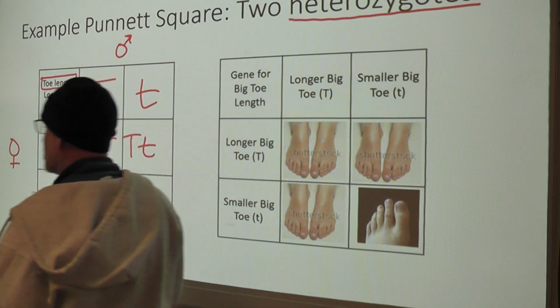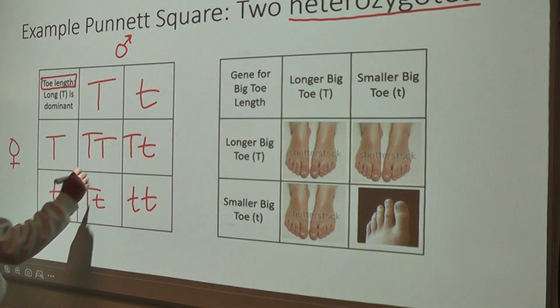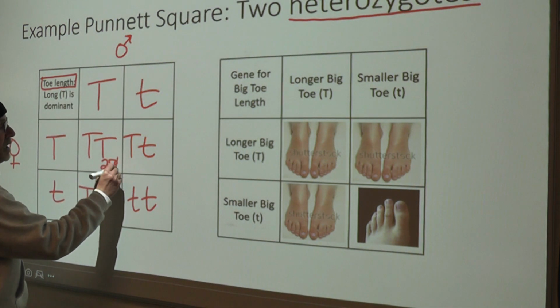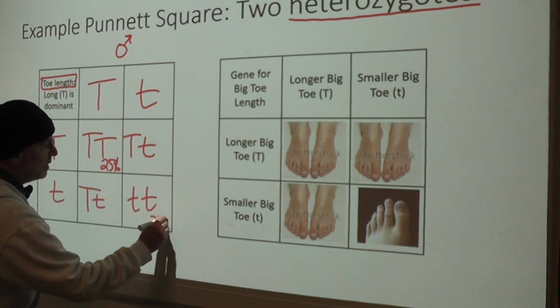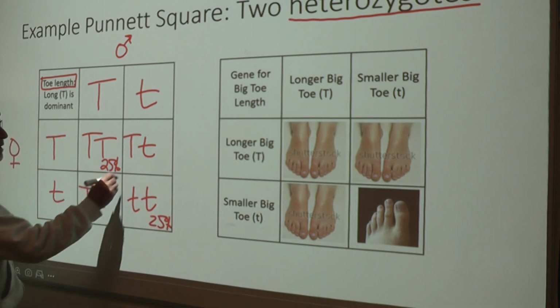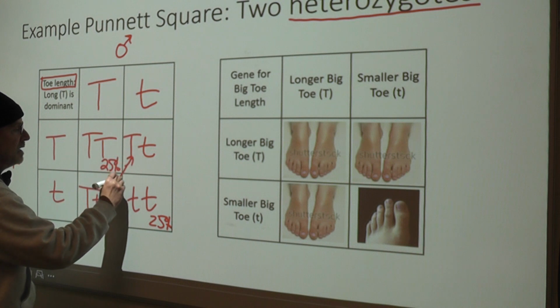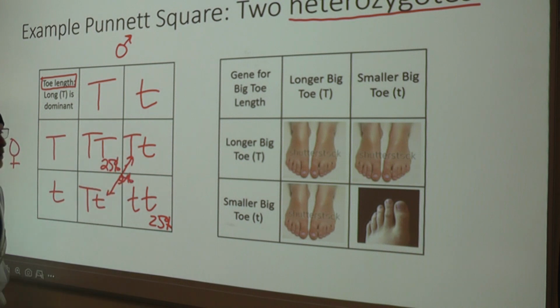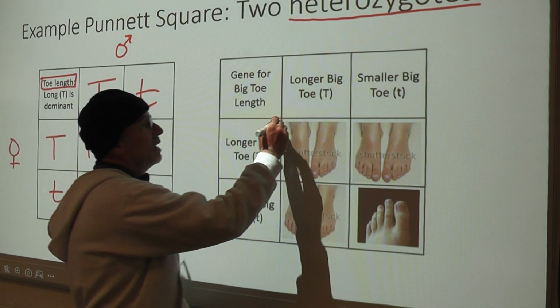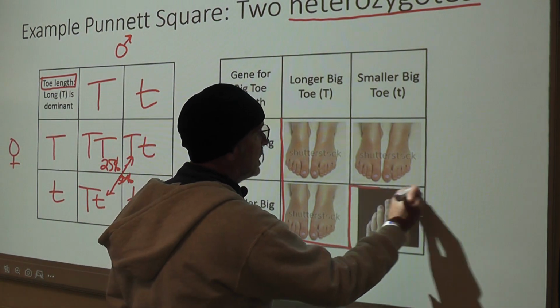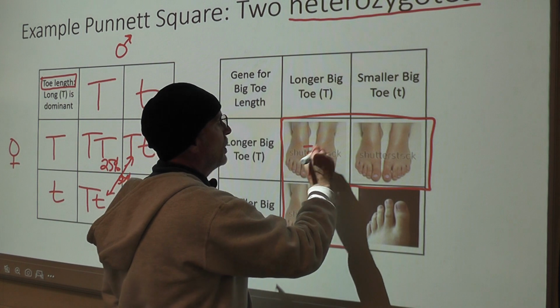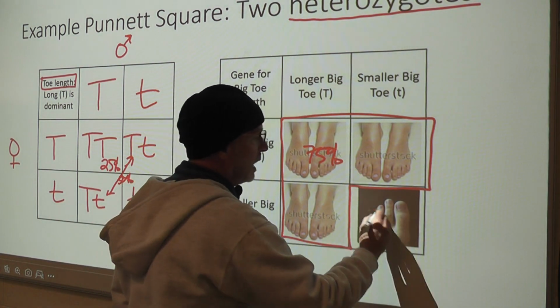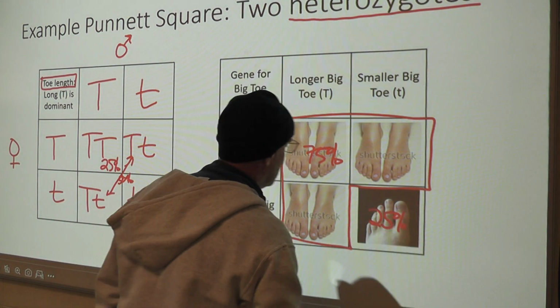So in terms of the percentages, 25% would be homozygous dominant, 25% would be homozygous recessive, and 50% would be heterozygous. In terms of the appearance, 75% of this couple's kids would have a longer big toe, and 25% would have a shorter big toe.